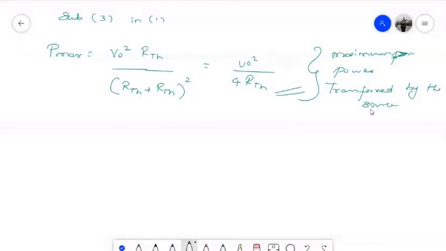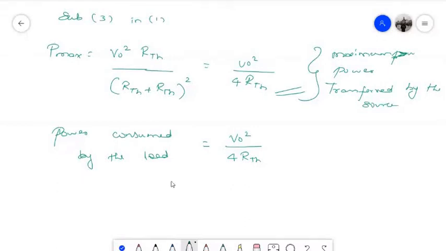Now, in between there is no loss, so therefore, again the power consumed by the load will also be same as the power transmitted as long as there is no loss in between. Now, since the power transferred and the power consumed by the load both are same, the total power supplied will be actually twice of V naught square into 4 RTH.